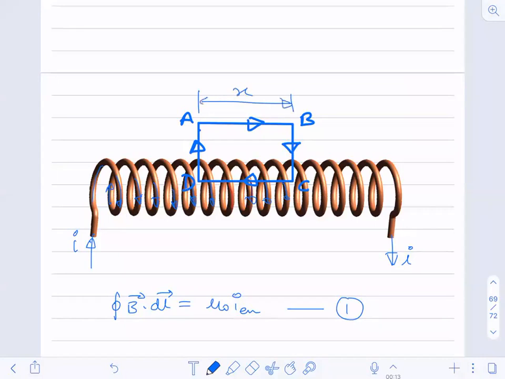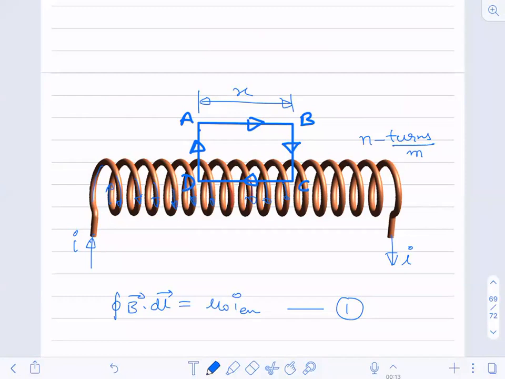Let us assume that this solenoid has n turns per unit length, n turns per unit meter, and the length of AB is assumed to be x.